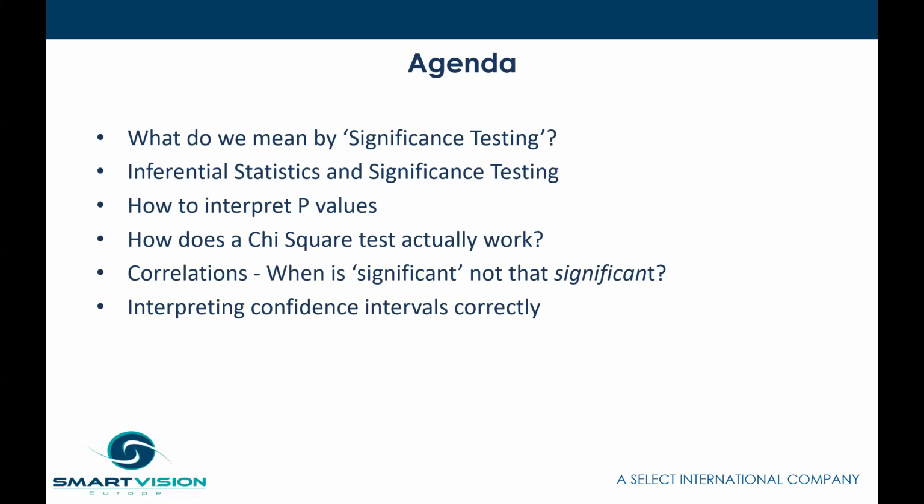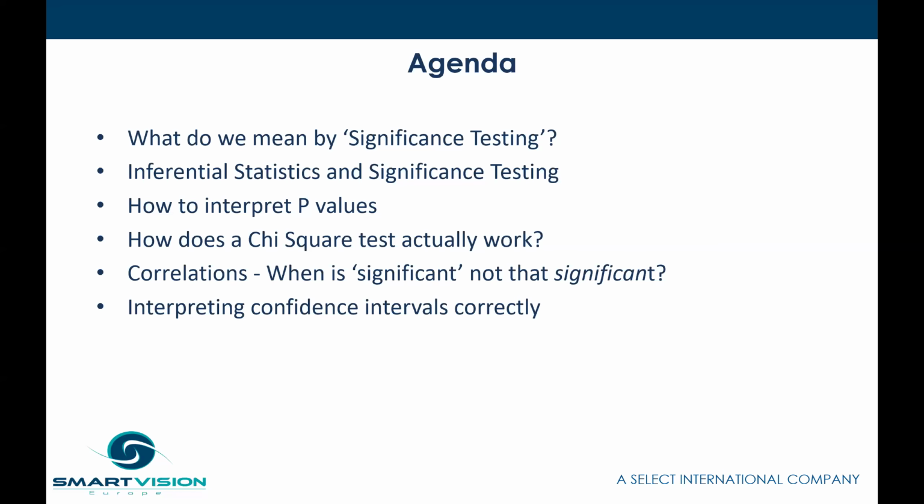One is looking at pairs of categorical variables, when you're looking at relationships between categorical variables, how you can do that using crosstabs and chi-square. Then we're going to look at relationships between continuous or scale variables, number variables, and how we can use correlations to make sense of that, and why the term significant here is particularly troublesome.